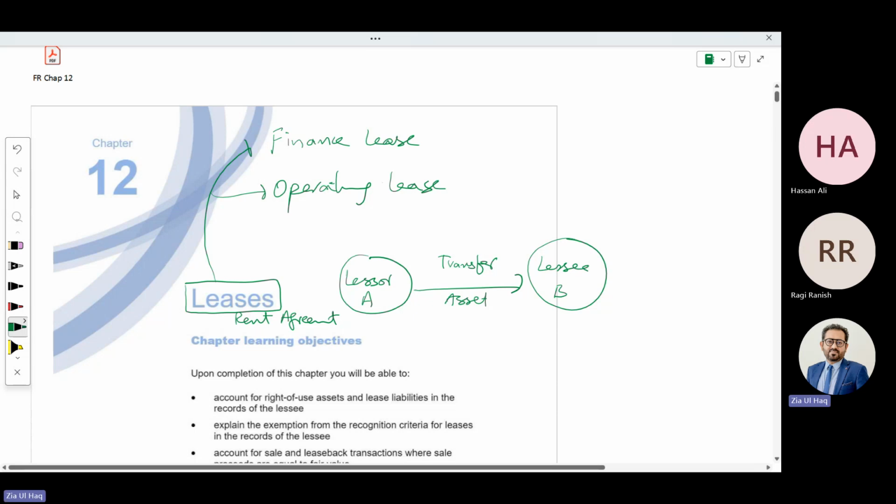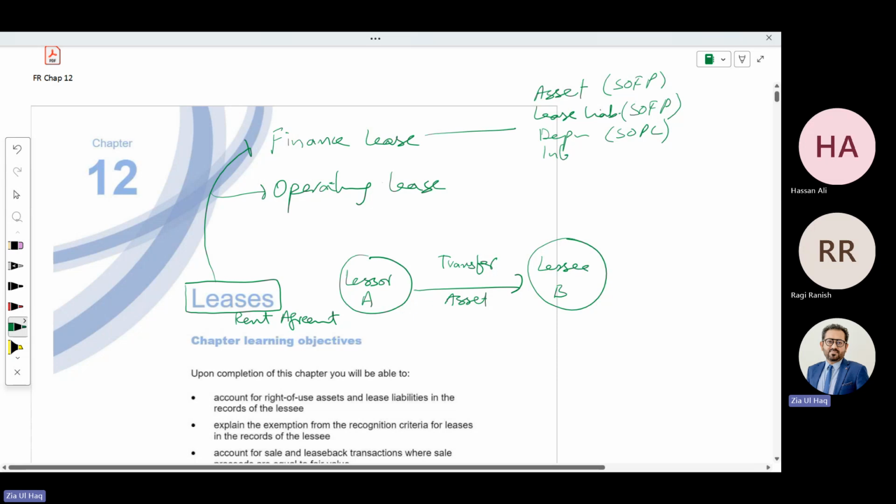What was the accounting treatment of finance lease? In case of finance lease, we need to record the asset in the balance sheet. We need to record the lease liability in the balance sheet. If we have recorded the asset, we need to record depreciation in the statement of profit and loss account.